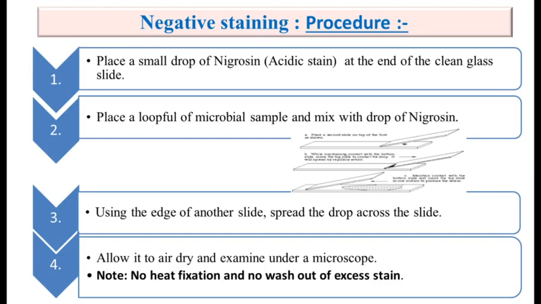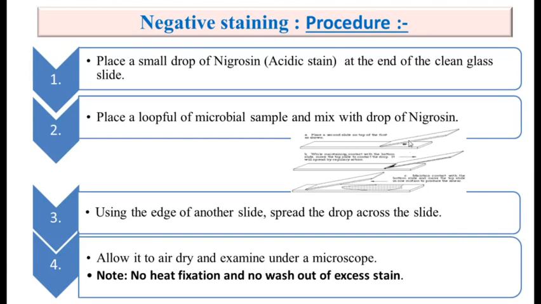The procedure is simple. You take a clean glass slide, and at the end of the clean glass slide, put a drop of acidic stain. I have shown a pictorial diagram of the procedure.